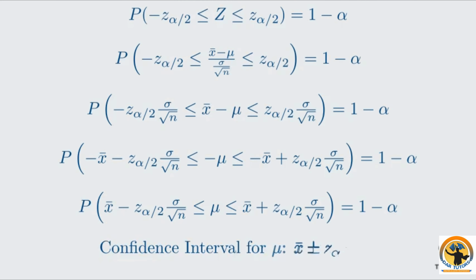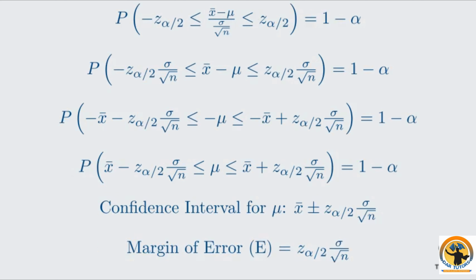This results in the general formula for a confidence interval for the mean: the sample mean X bar plus or minus z alpha over 2 times the standard error. The value z alpha over 2 times sigma divided by root n is known as the margin of error. This formula allows us to calculate an interval estimate for the population mean with a specified level of confidence.